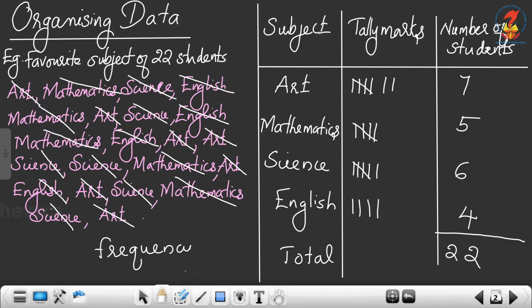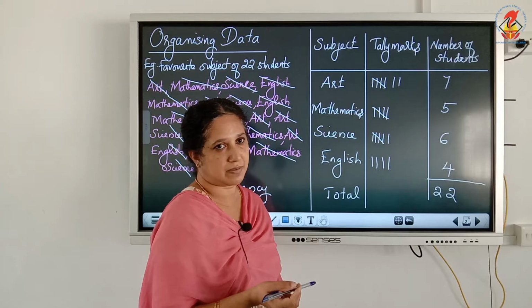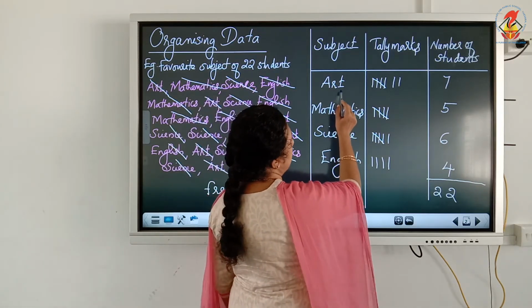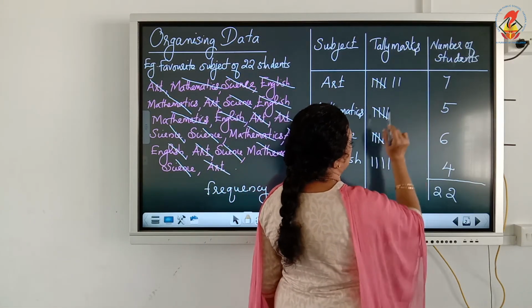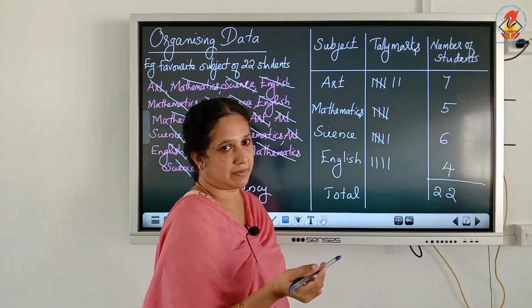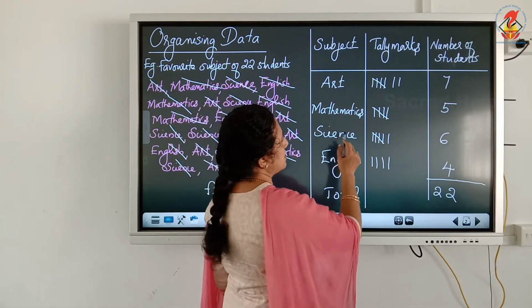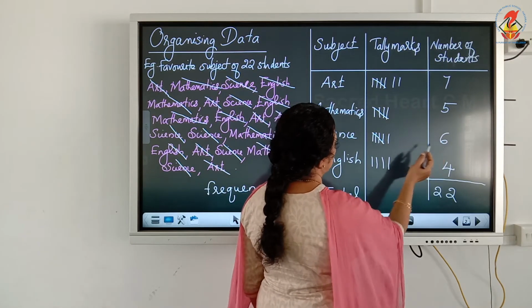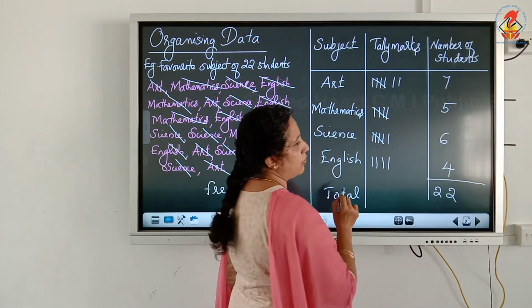Frequency means how many times a particular entry occurs. So the frequency of the subject art is 7. That means the subject art occurs 7 times. Then mathematics 5, then science 6 and English is 4.